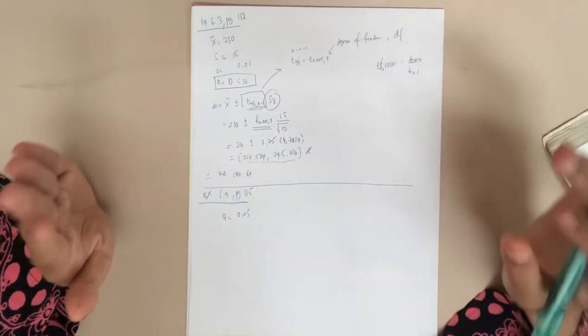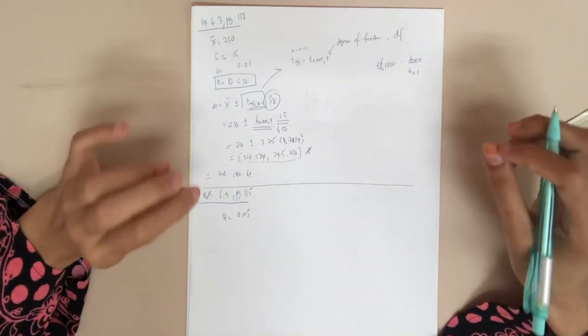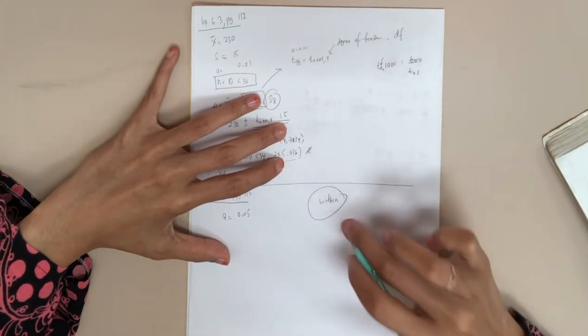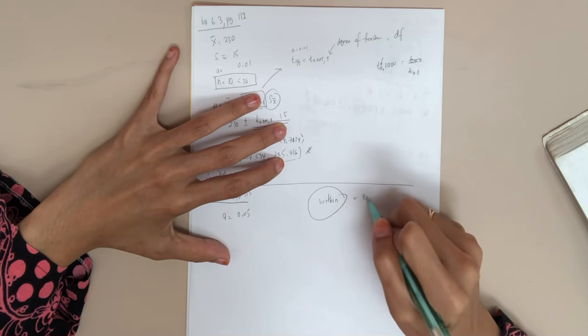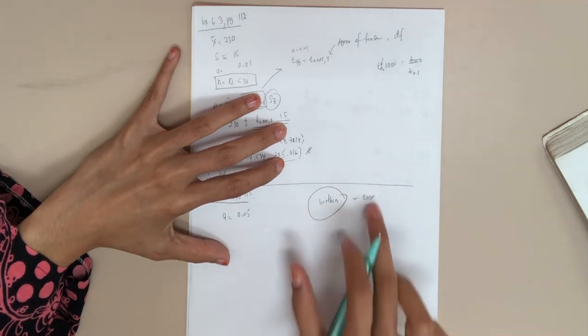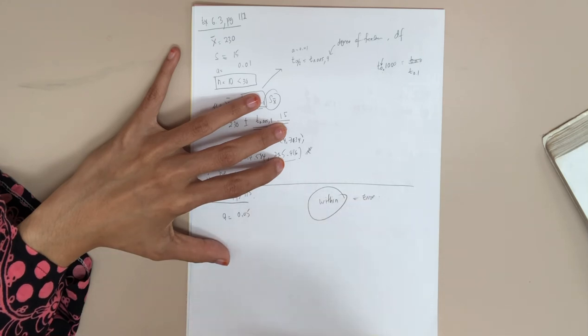Okay, class, when you see the word within, actually this is an error. Within here is error. So I repeat again the question: how large a sample will be needed to be 95% confident that his sample mean will be within 15 seconds.